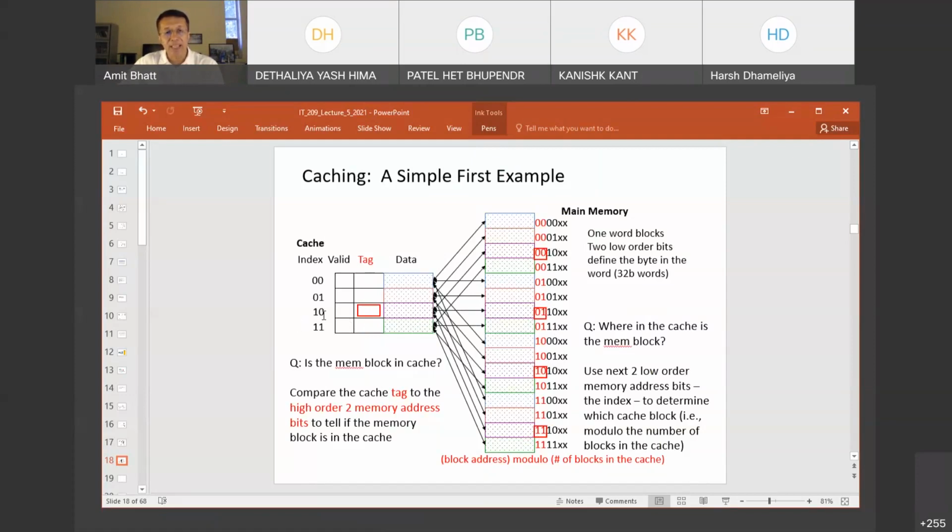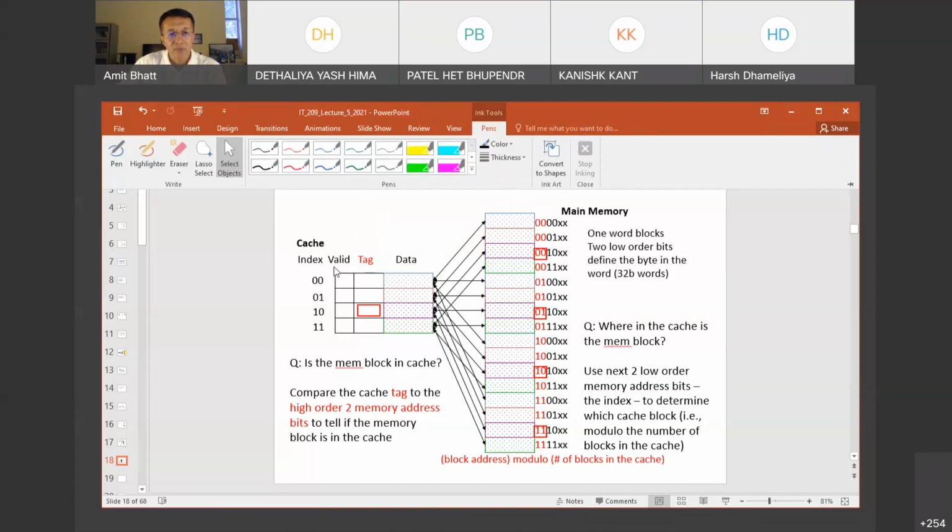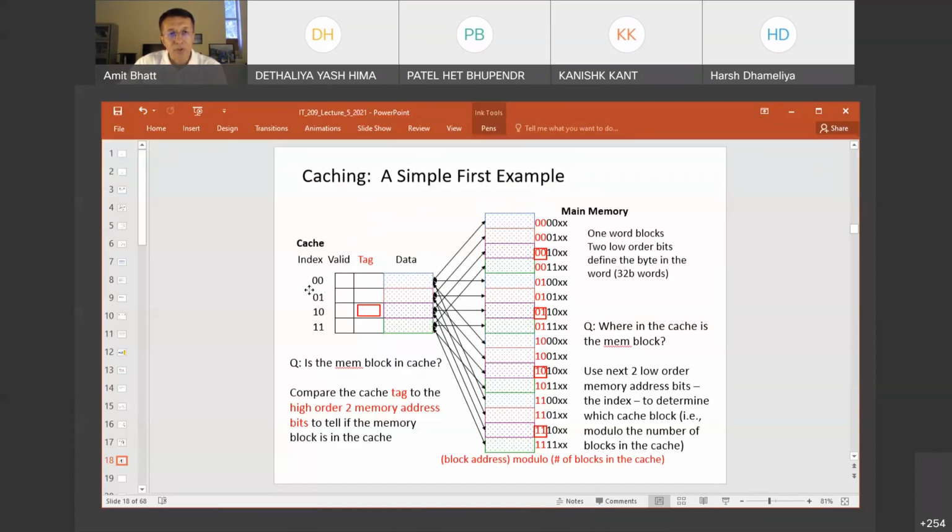Because the index is 10, and the rest of them are tags. So you will have your tag number over here.